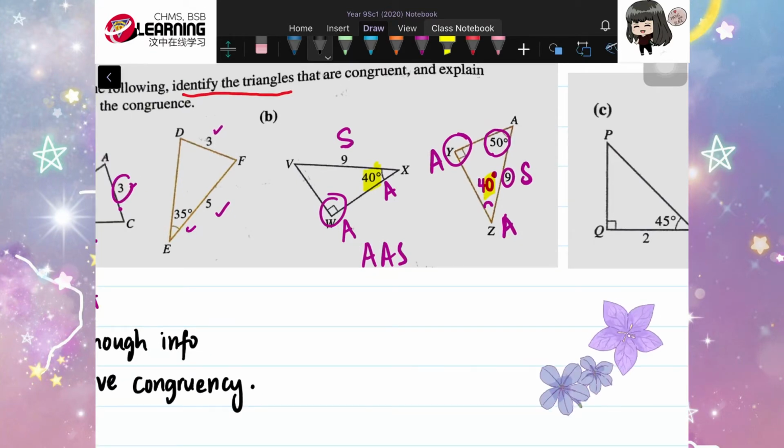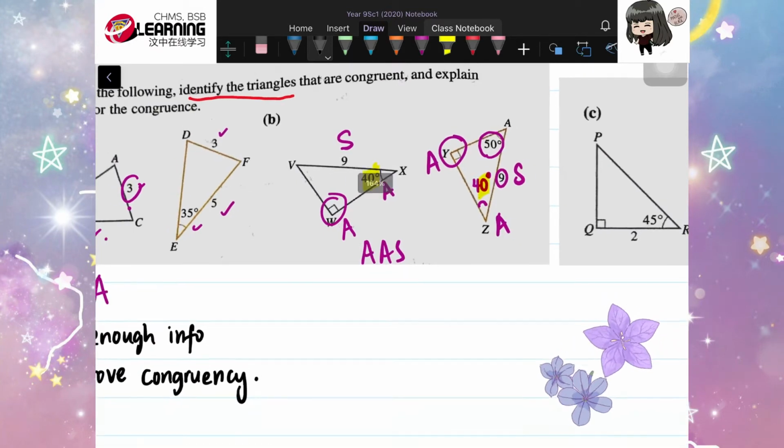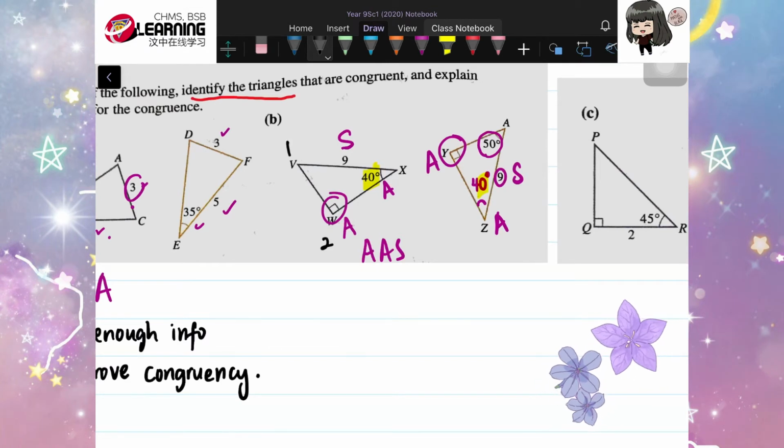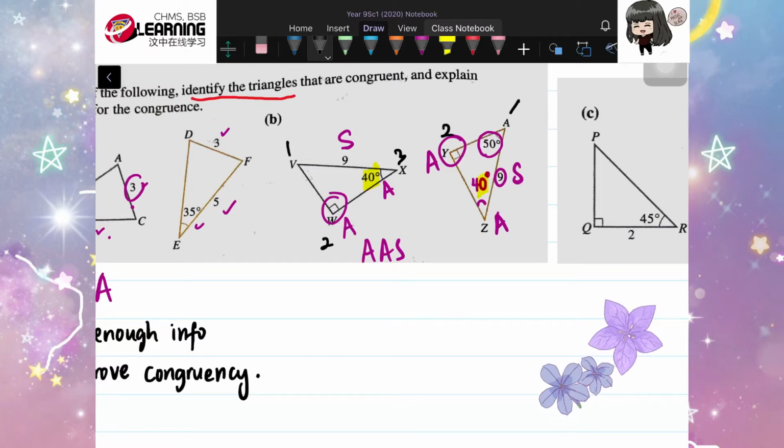Okay, so when we write this down, we must write according to the order. This triangle and this triangle is the same, so I write VWX, the 1 2 3. So VWX is congruent to AYZ.